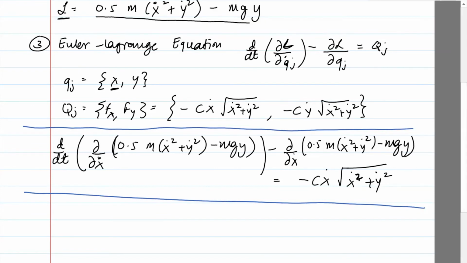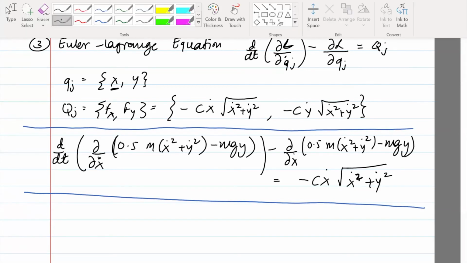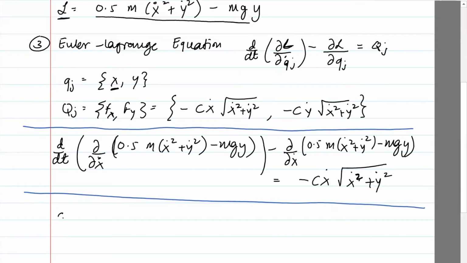Okay, so this might seem a little bit strange for you, but just watch carefully. Here I'm taking the derivative of this term with respect to ẋ. When I take the partial derivative, everything other than ẋ will be assumed to be a constant. So what happens is, keep 0.5 m. When I take the derivative of ẋ squared with respect to ẋ, I will get 2ẋ.